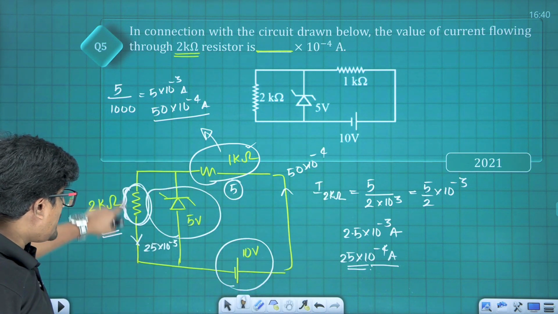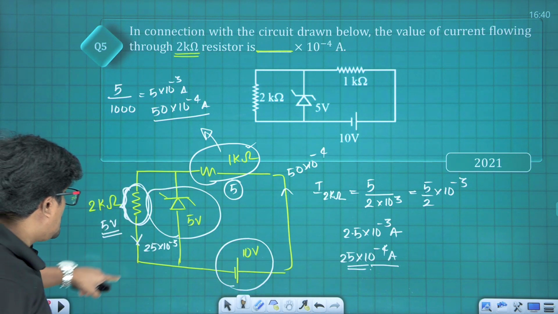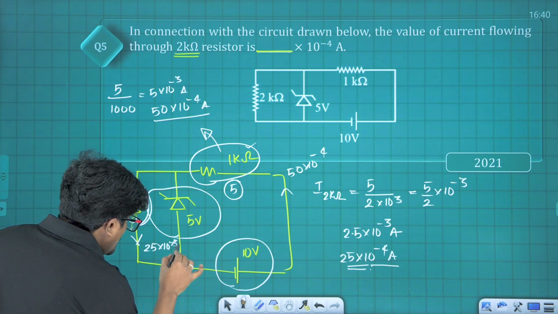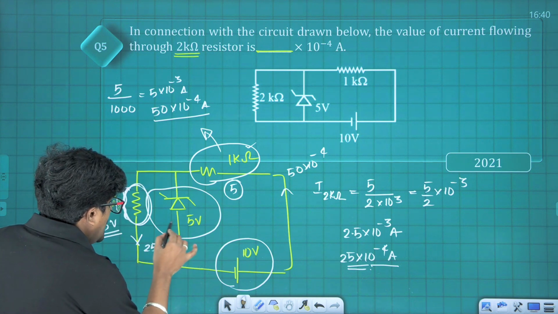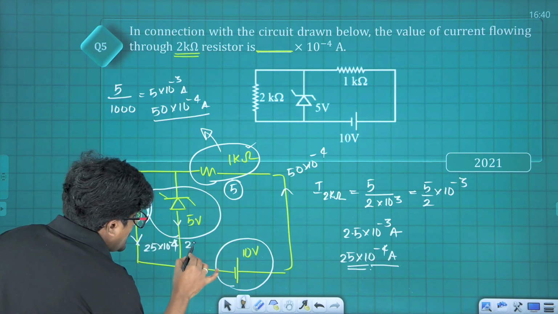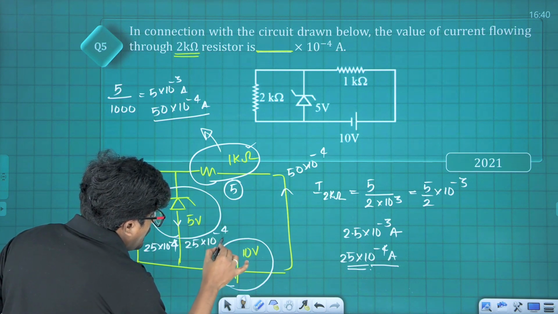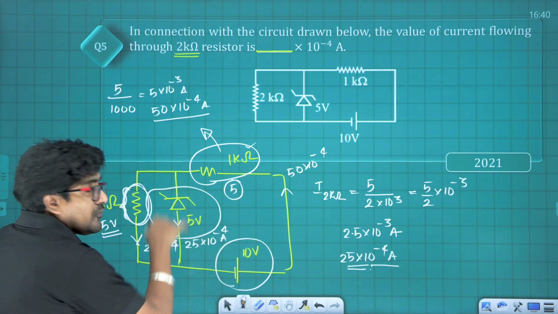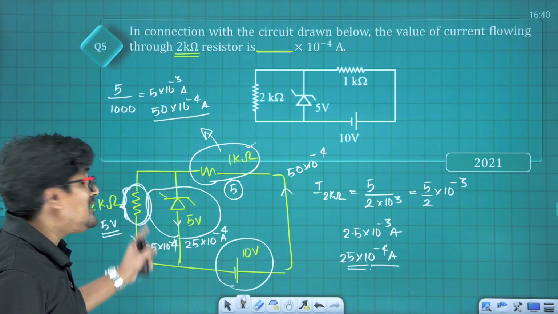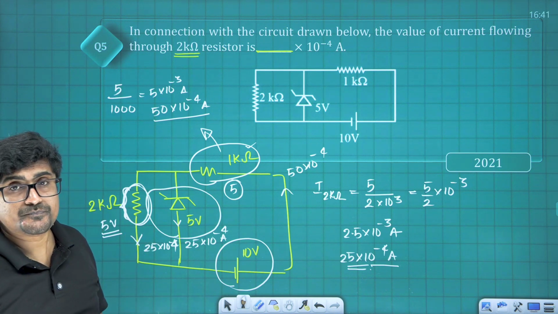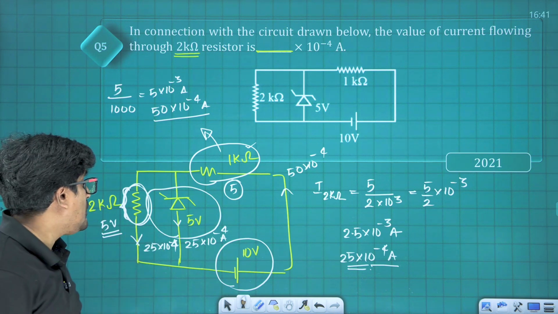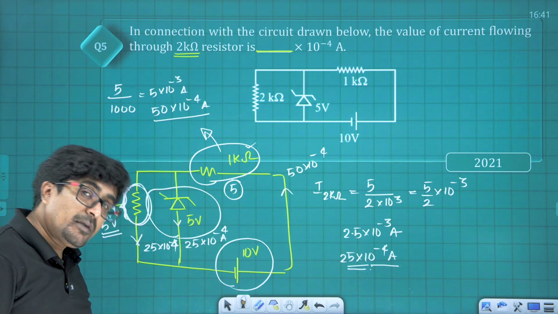Out of that, 25 into 10 to the power minus 4 is coming here, which means the remaining 25 into 10 to the power minus 4 ampere should be the current flowing through the Zener diode.